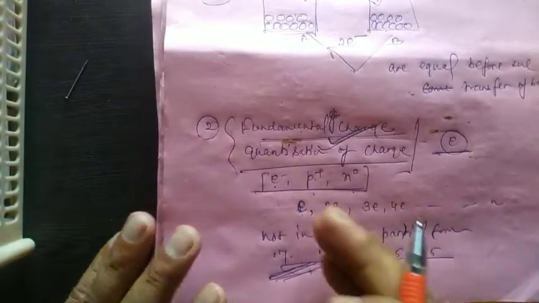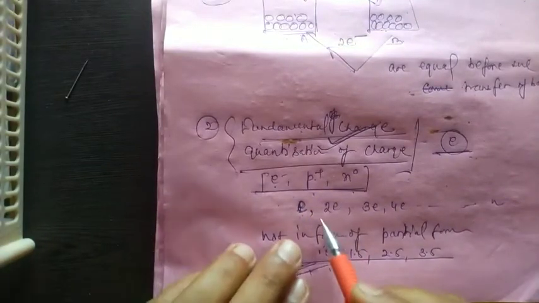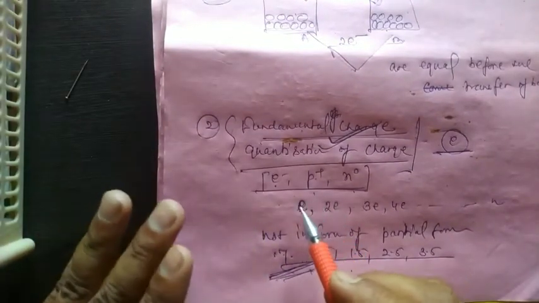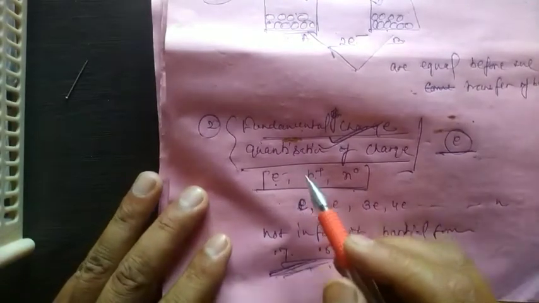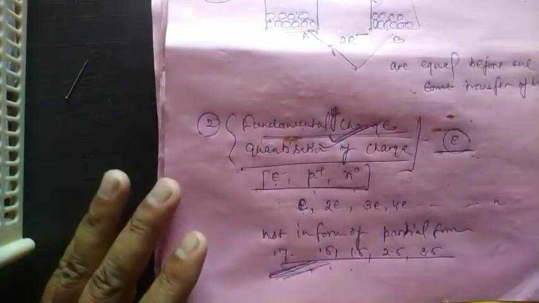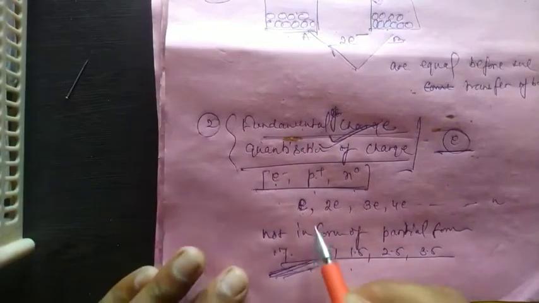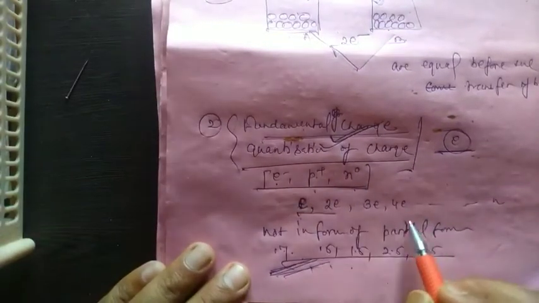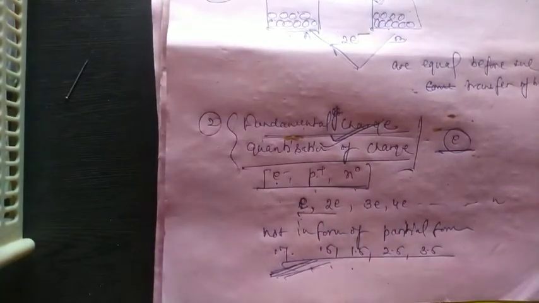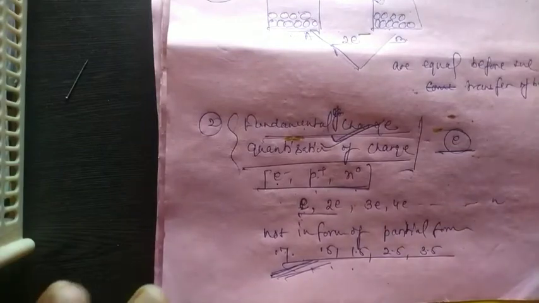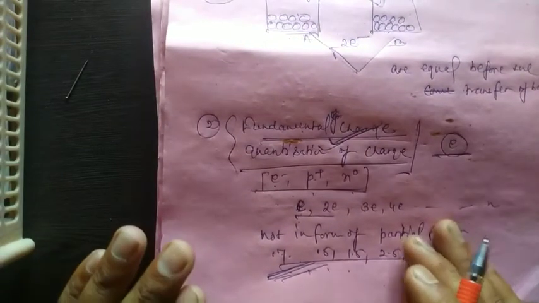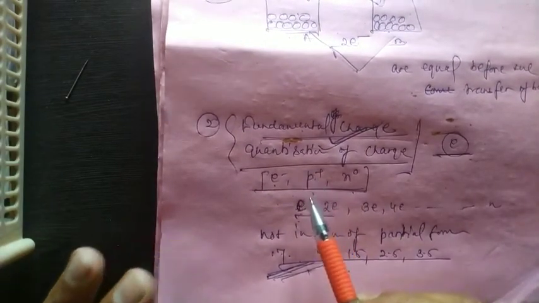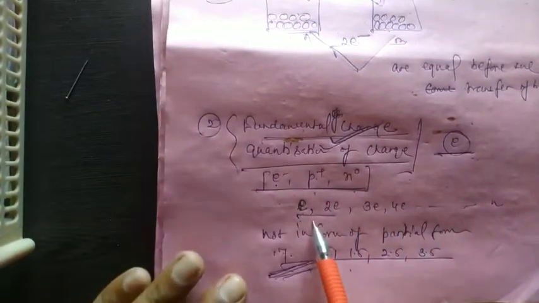As we measure the charges of different elementary particles, the charge will be in multiple form. This is known as the fundamental charge, or the quantization of charge, which the electron has.